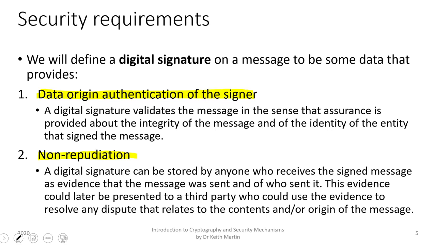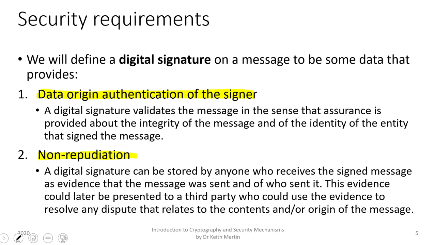Say, for example, if somebody else learns to place my signature, they could come and place my signature and do certain things with that. But we don't want that happening with digital signatures. We should be able to verify the signer.